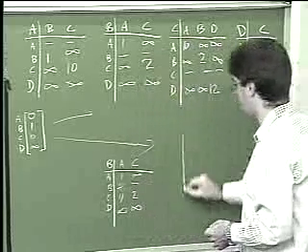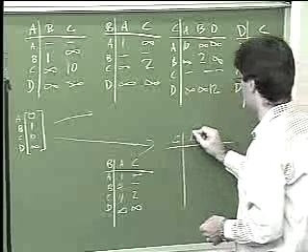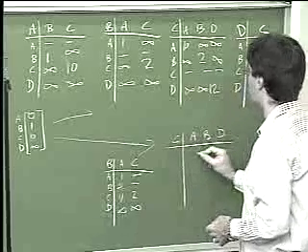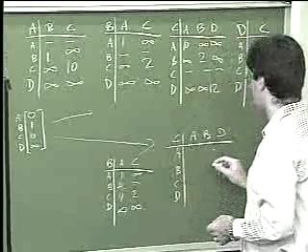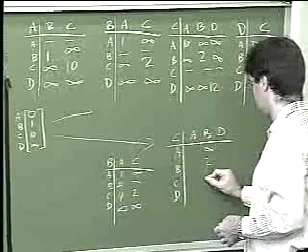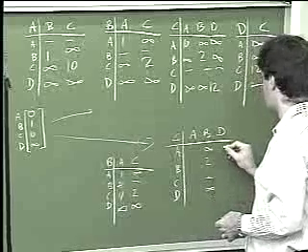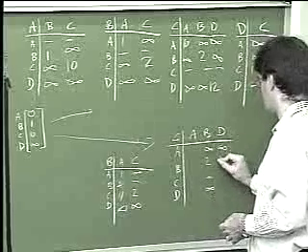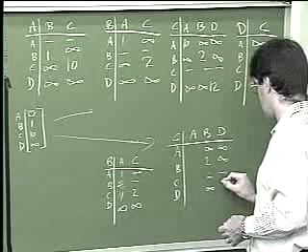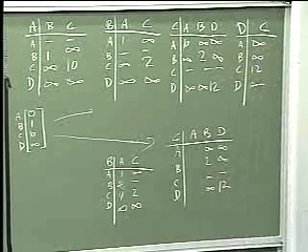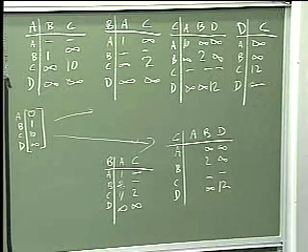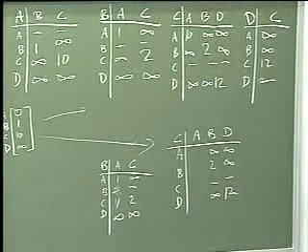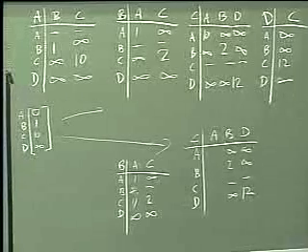Okay, and similarly, C has to update its first column as well. So when C updates its first column, it uses this vector 0, 1, 10, infinity, and it has to add 10 to it.